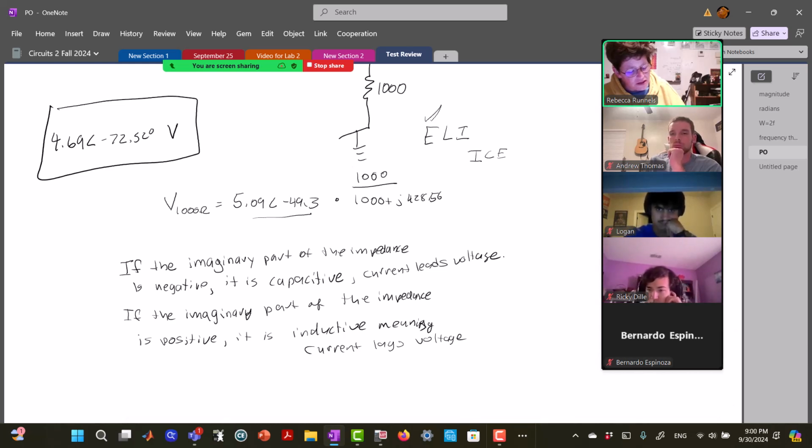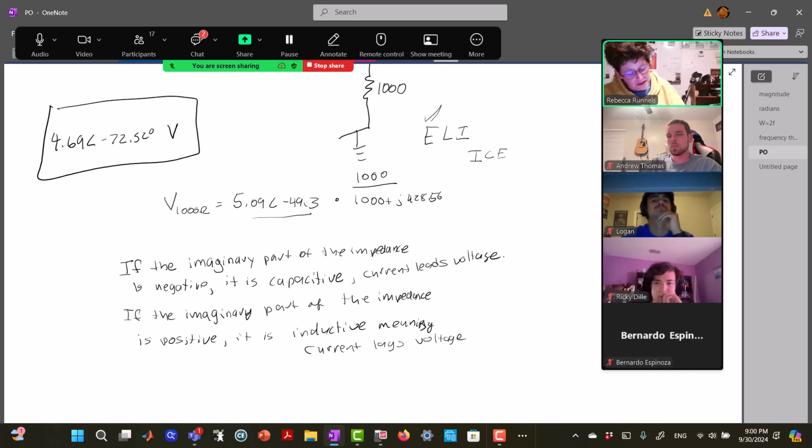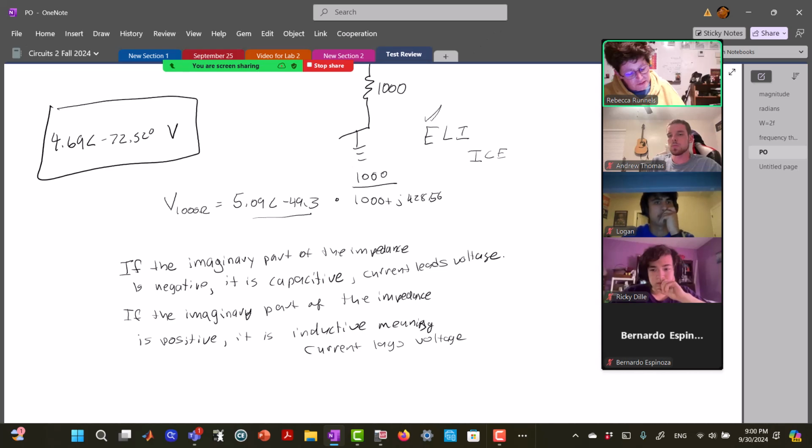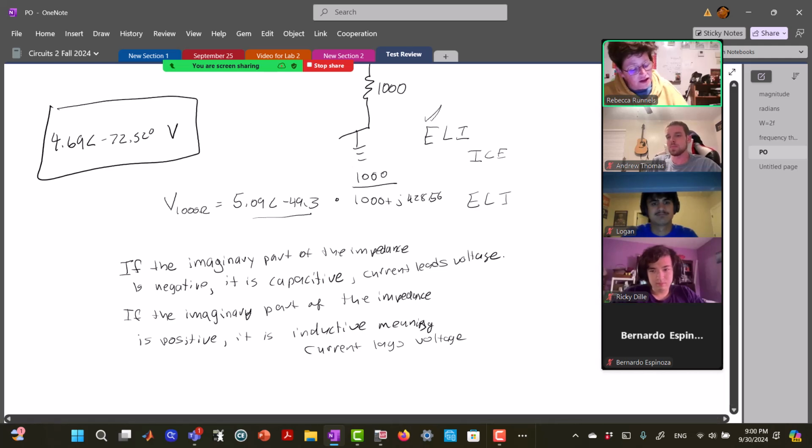L is because it's inductive, and that's our symbol for inductance. For inductive, current lags the voltage, so the voltage leads the current because voltage comes in front of it. And then for ICE, it's the other way around. Okay, I finally get Eli the Iceman.